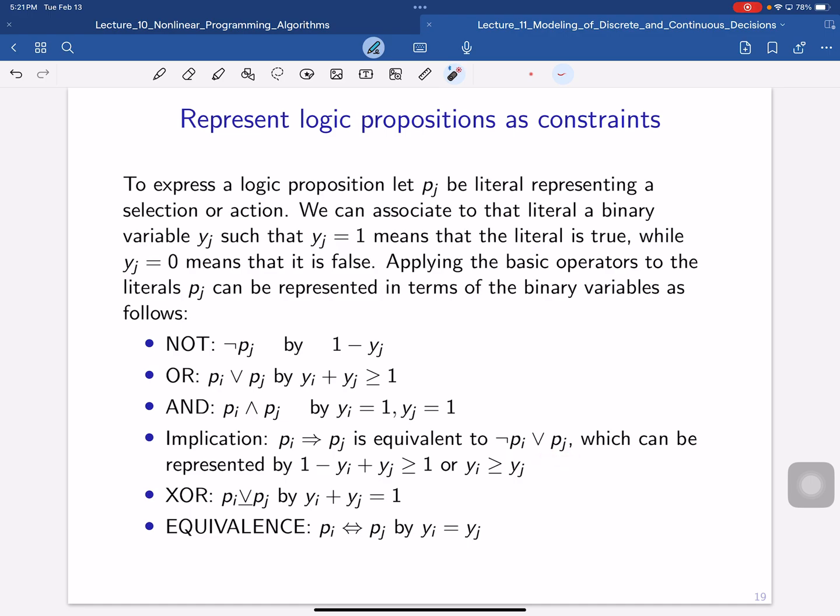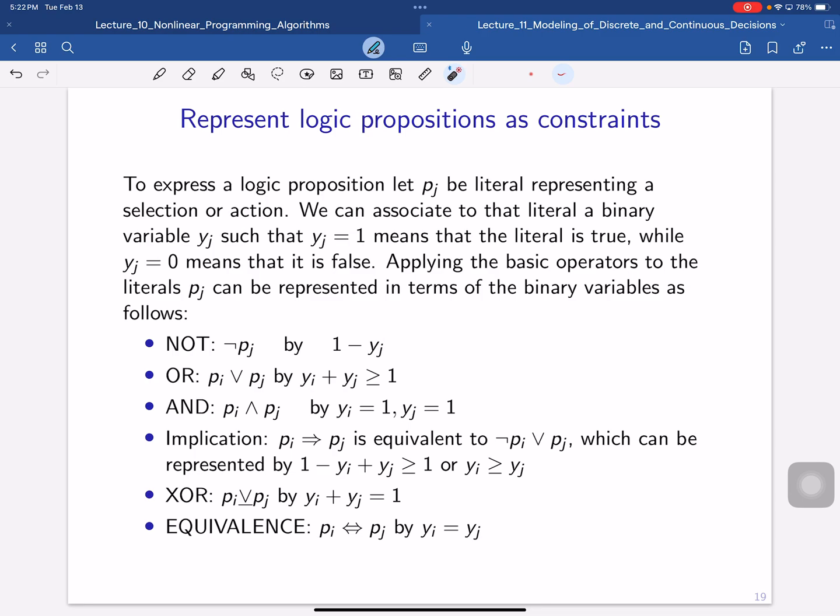By combining the not and or, you can express this as 1 minus yi plus yj greater than or equal to 1, and you can simplify this to yj greater than or equal to yi.